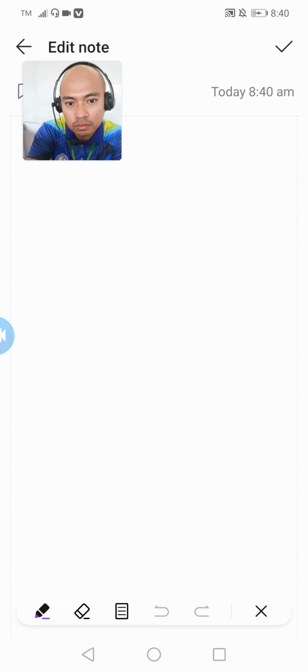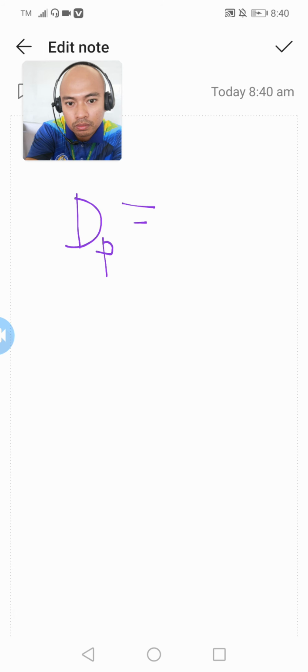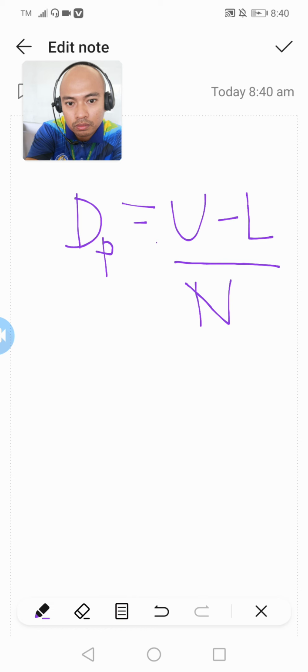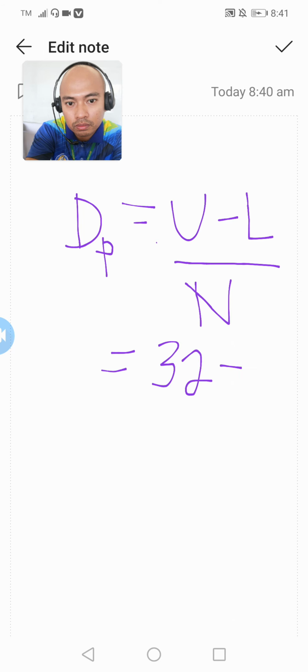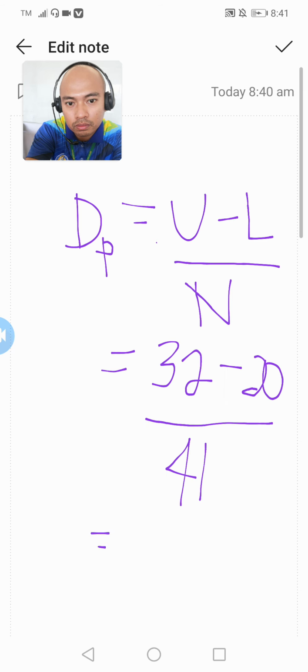So the formula for the discriminating power is equal to U minus L over N. Okay, then we have U a while back to be 32, while L is 20 over capital letter N, which is equal to 41.